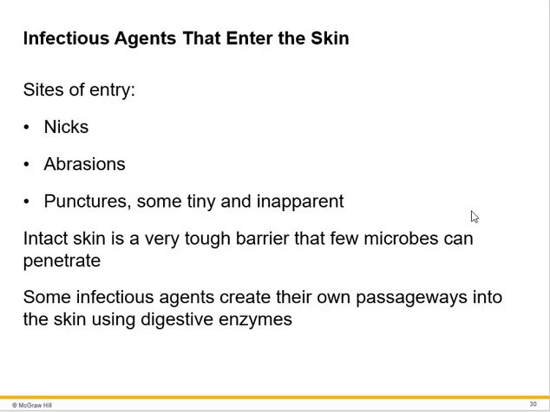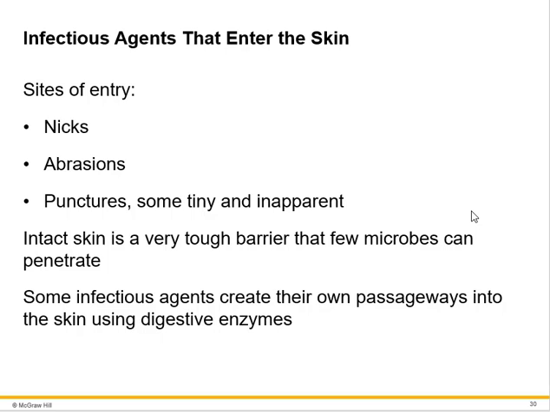So for skin locations, they can come in through a nick or abrasion, a puncture, some very, very tiny places. Sometimes they're very inapparent. You don't know how they got in, but they somehow got in. Intact skin is a very tough barrier because there are several layers of dead skin on top, and viruses in particular need living cells to get in.